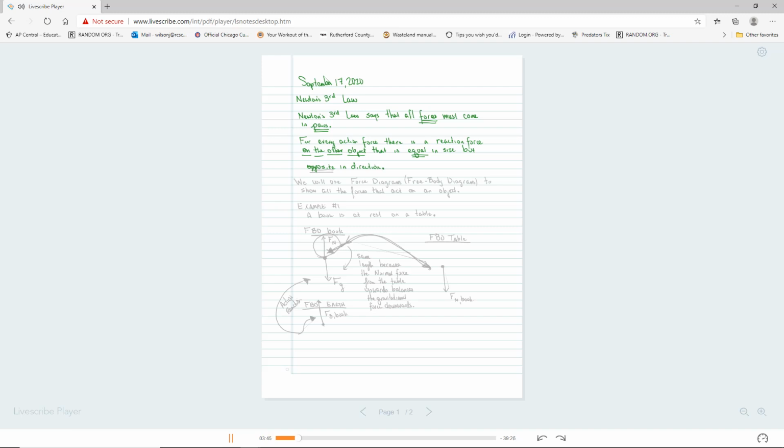Okay? For every action force, there is a reaction force on the other object that is equal in size but opposite in direction. That's Newton's third law.